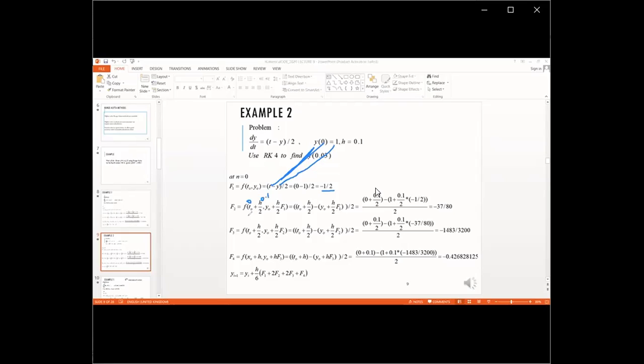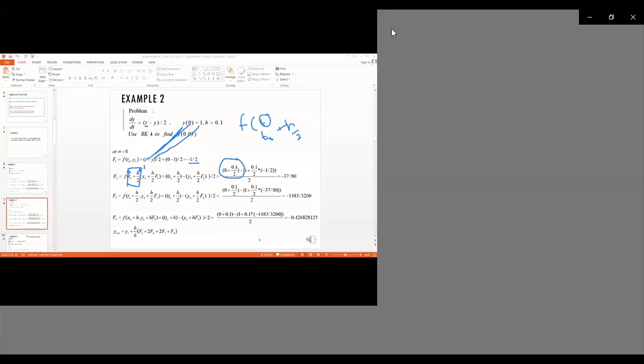So when you are substituting into the differential function, this t has been replaced with the whole of t naught plus h over 2. You get it? So instead of writing t minus y, the t becomes 0 plus the step size 0.1 over 2.